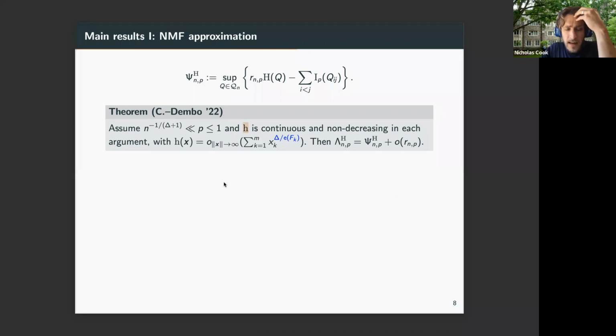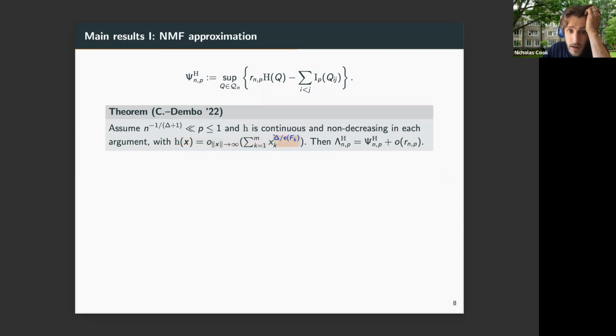So for any H that's continuous and non-decreasing in each argument, the crucial hypothesis is that your Hamiltonian cannot grow too fast at infinity. And it's actually the exact same condition that Lubetzky and Zhao noticed.